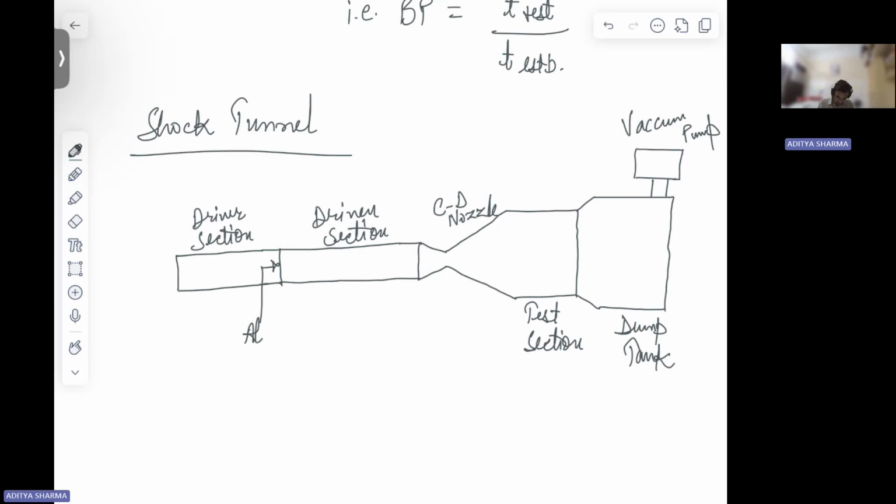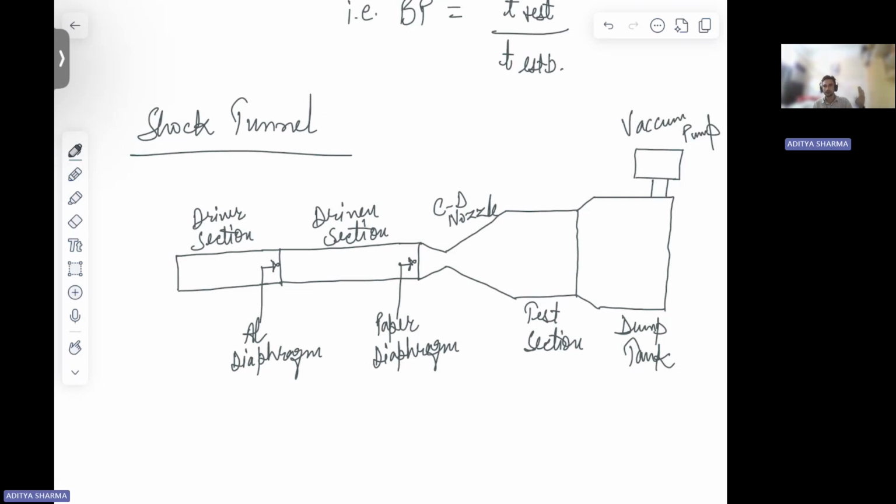So this is your aluminium diaphragm, and here you have a paper diaphragm. Now what will happen here? These are tubes basically. Okay, so this is a hollow tube. The driver section is a hollow tube. This is one plane we are showing here, right?